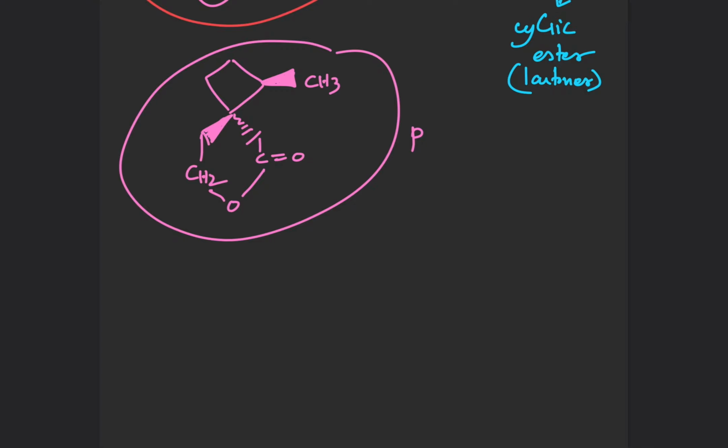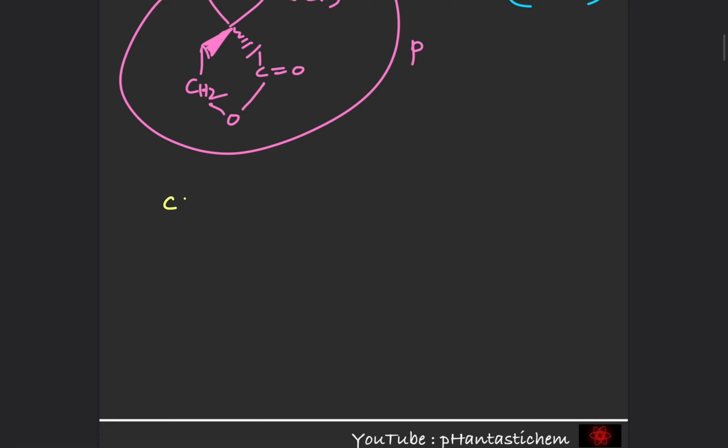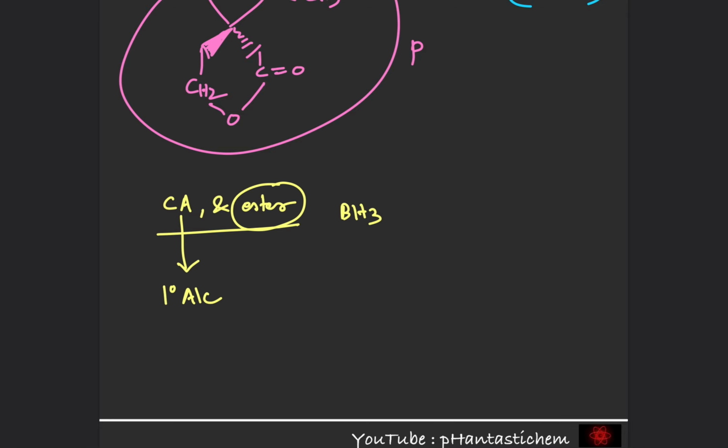So I will write that down. Whenever you have a carboxylic acid and an ester in the organic compound, BH3 converts this to a 1 degree alcohol and does not have any action on the ester, and it leaves the ester group entirely untouched.